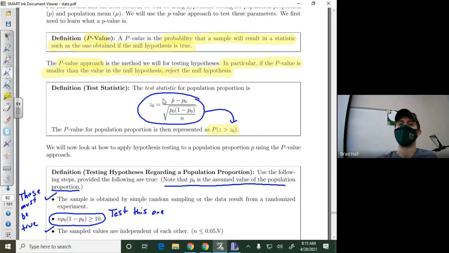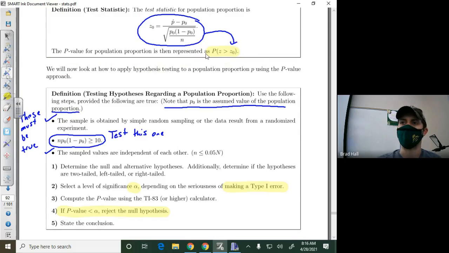If we were to do this by hand, which we're not, but I just want to explain the motivation, the test statistic gives us a z-score, and that z-score would be used to help us find the area. So if we did this by hand, you'd have to find the z-score using this not very nice looking formula, and then you'd have to go to the table in the back of the book.